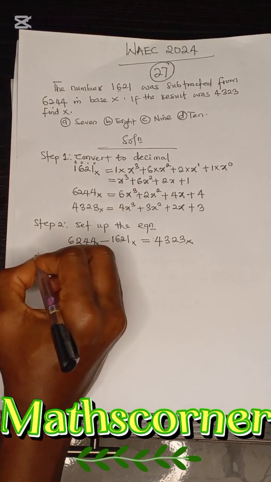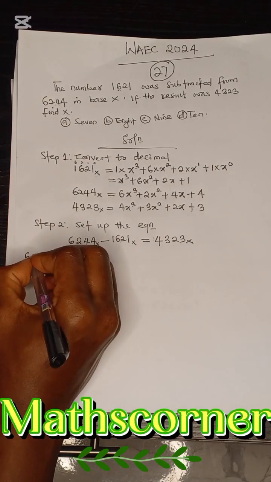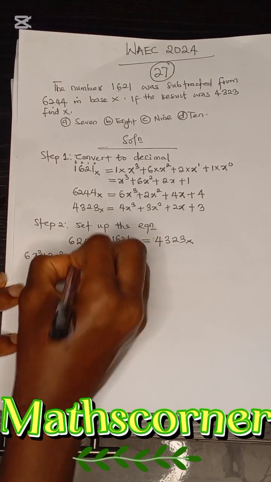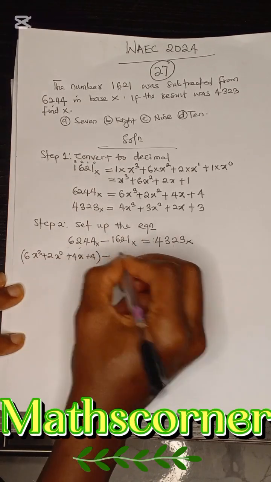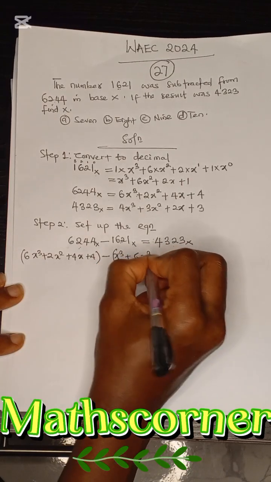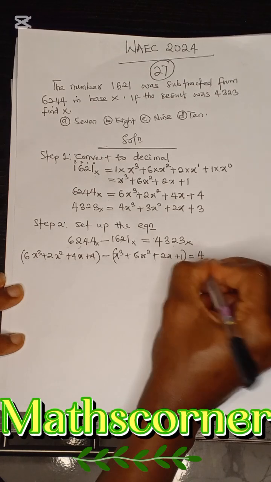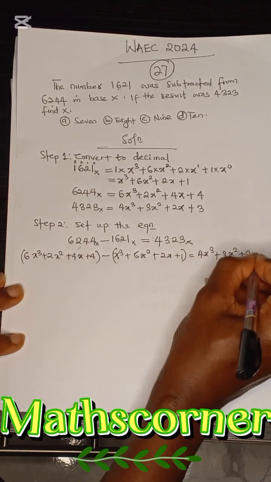So I'll be having 6x cubed plus 2x squared plus 4x plus 4 minus x cubed plus 6x squared plus 2x plus 1 is equal to 4x cubed plus 3x squared plus 2x plus 3.